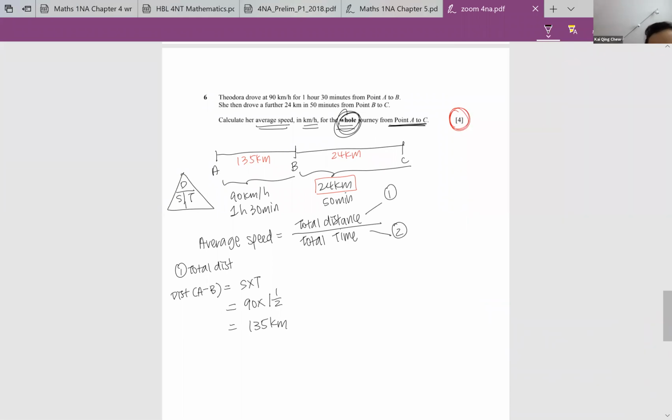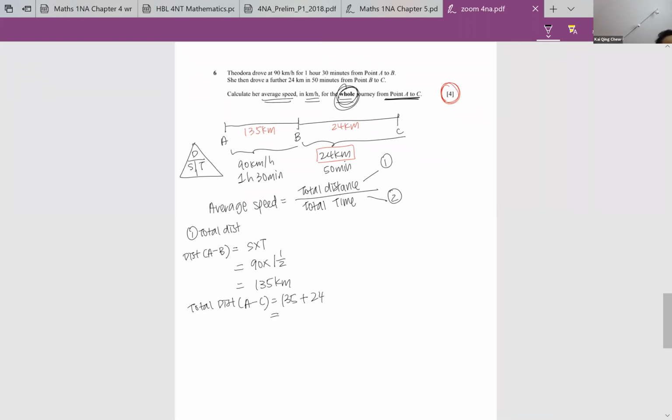So total distance from A to C will be 135 plus 24, which is 159 kilometer. Okay, so I've done my first part. I've calculated total distance. Now I need to find total time.